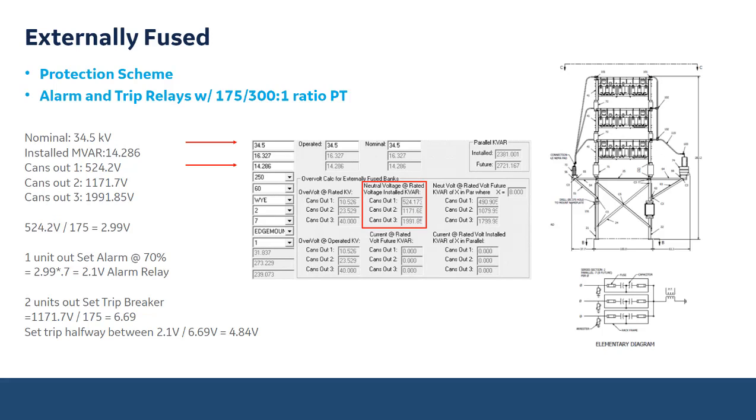So we take the 2 cans out at, we talked about before, 1171 volts divided by 175 equals 6.69, and I set that trip halfway between my first alarm, which was 2.1 volts, and the 6.69, so I set the second point at 4.84 volts, and at that point the breaker trips, protecting the rest of the capacitor bank.